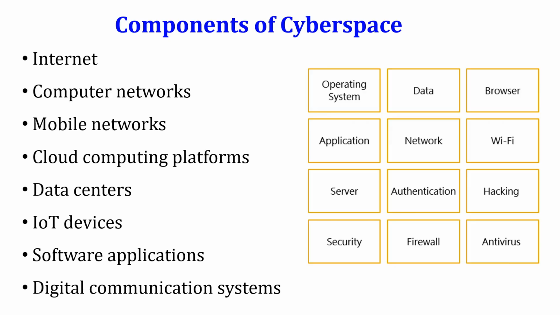So there are few hardware and software components involved in the cyberspace. When we talk on the components, basically the hardwares, we will talk on the computers, the IoT devices, the data centers which are connected, helps in storage of information, computer networks, internet, mobile networks, and other software applications. So all putting together, we will be able to interact on the cyberspace.